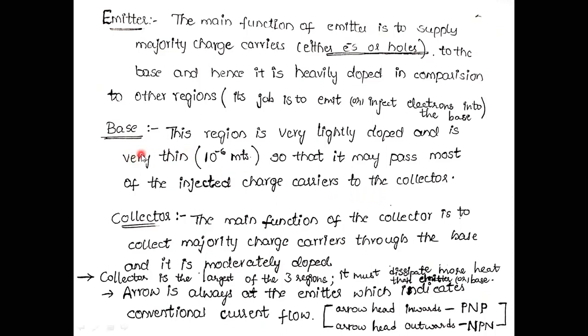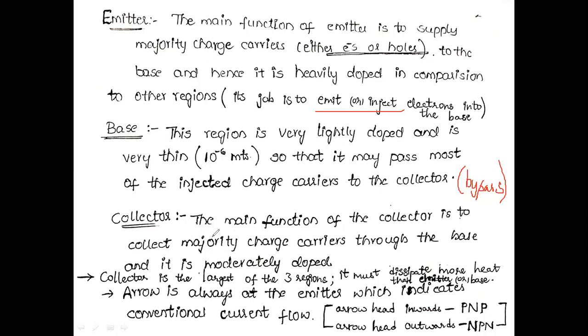That means it acts as a medium. When the emitter emits electrons, the base bypasses those electrons to the collector. It acts as a medium between the emitter and collector. Here the emitter emits or injects electrons into the base, and the base takes those electrons and transmits them to the collector.